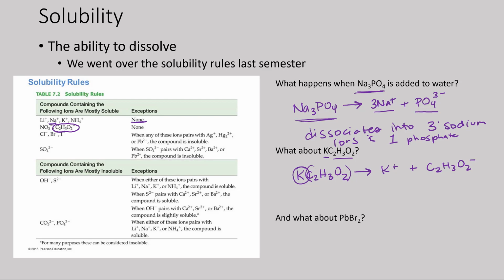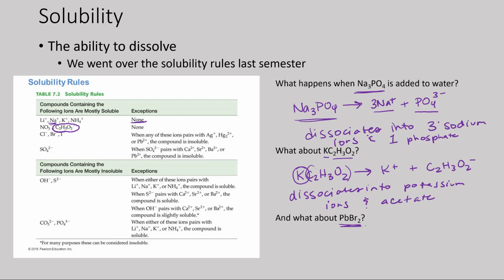Okay, and then this one, it dissociates into potassium ions and acetate. Dissociate is just the opposite of associate. To associate with something is to get close to it. To dissociate from something is to separate from it. So that's what that means.